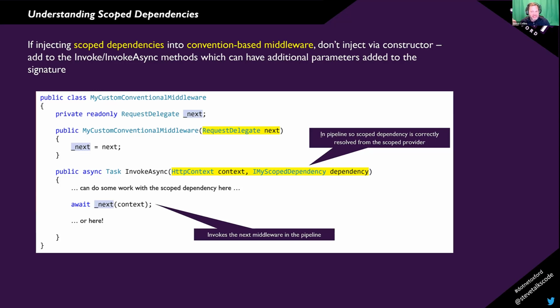Now, as you can see, the request delegate passed in as a parameter in the middleware constructor, to enable the request to be passed down, is the next one in the pipeline. So you're free to add any scoped or transient dependencies as parameters to the invoke async, because that is called at runtime when you've got your HTTP context and you've got a scope provider available.